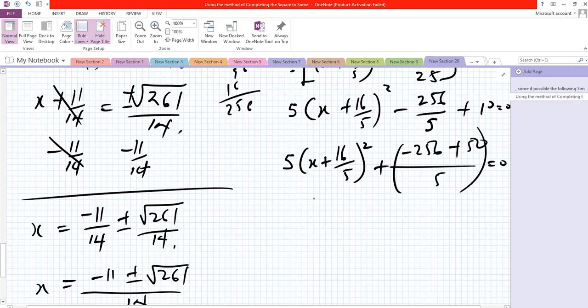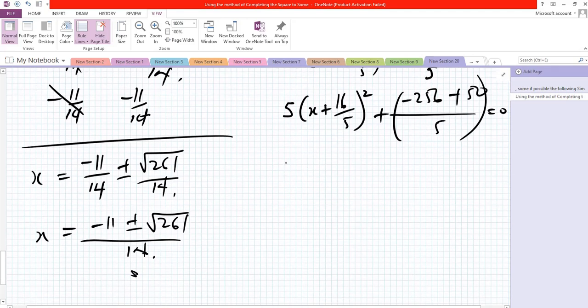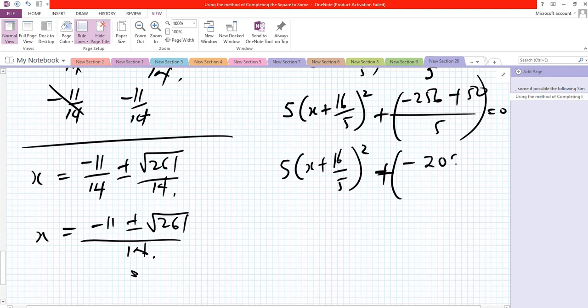That is, now you have 5 bracket open x plus 16 all over 5 all squared plus, this will now be minus 206 all over 5. That is 0.